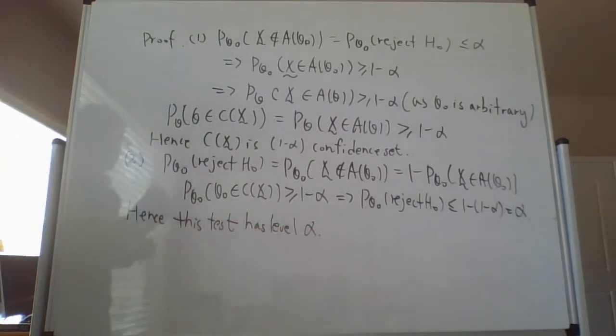Now I use the expression confidence set here because a set is a broader concept than an interval. So we have this result, and you can see that we have the expressions A(theta 0) and C(x).